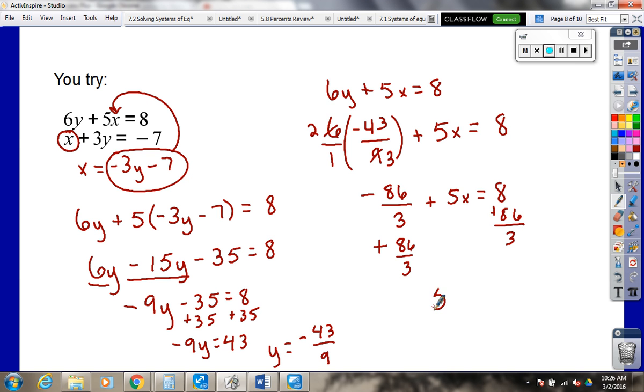So we end up with 5x equals 8 plus 86 thirds. Okay, so how do we add 8 plus 86 thirds? We think of this as 8 over 1, and then change it to what over 3?